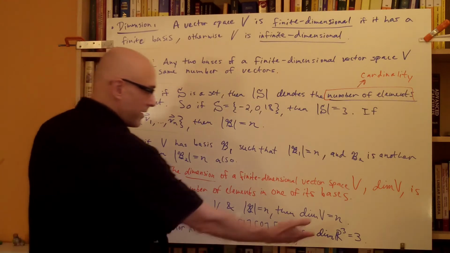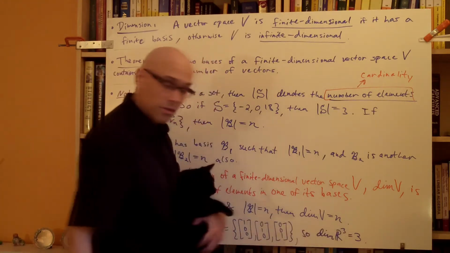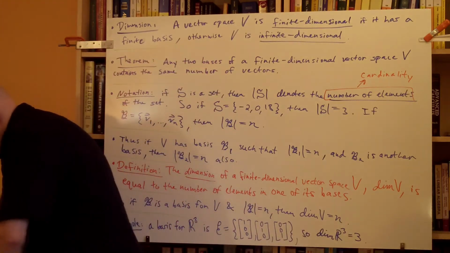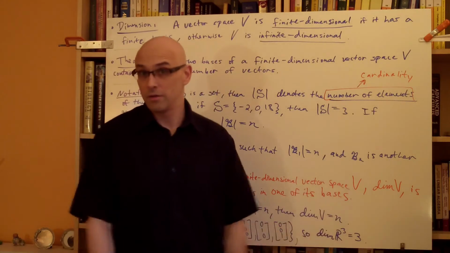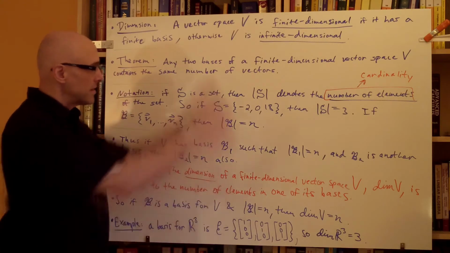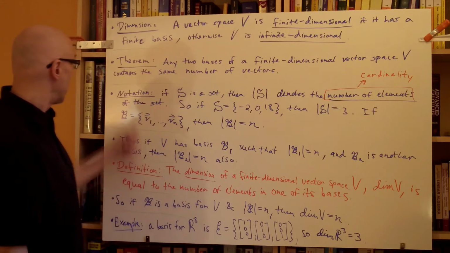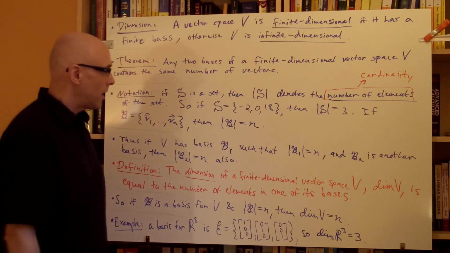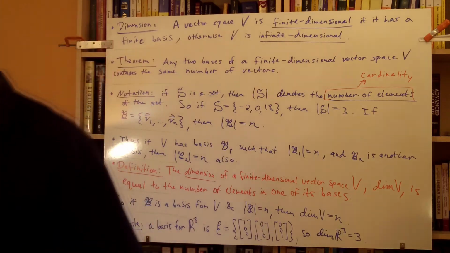And so the dimension of R3 is, guess what? It's 3, and that's good. In general, the dimension of Rn is n, as you can easily show. Okay, so that gets some of the terminology and notation and the basic theorem out of the way. And we want to look at an example here of finding the dimension of a given vector space.